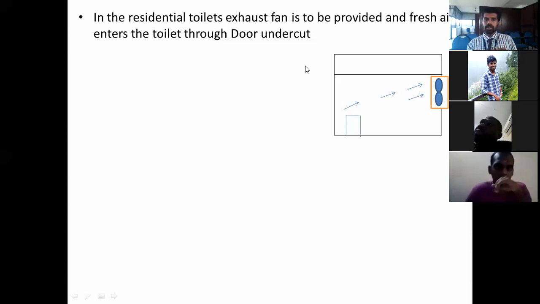So the examples of private toilet are residential, individual, office toilet, etc. And when it comes to the public toilet, large space with cubicles and urinals for commercial spaces will be coming under public toilet.